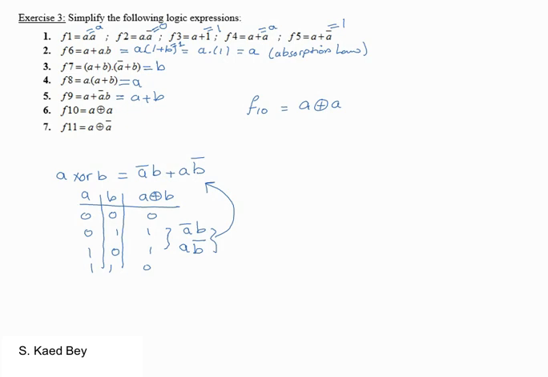So if we apply this relation in F10, we end up with A bar A plus A A bar. A bar A is 0. And similarly, A A bar is 0. So the answer is always 0 here.